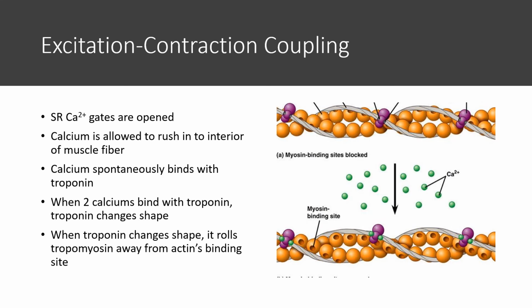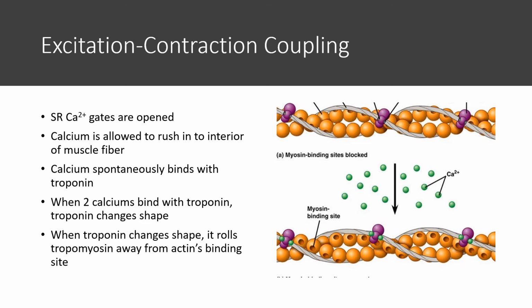So this slide just looks at that last part of the process a little more closely. The sarcoplasmic reticulum has calcium gates that are stimulated to open by voltage changes only, by electrical shifts only. When they open, calcium rushes into the inside of the cell. Remember, the sarcoplasmic reticulum wraps around the myofibrils, and the T-tubules also wrap around the myofibrils.